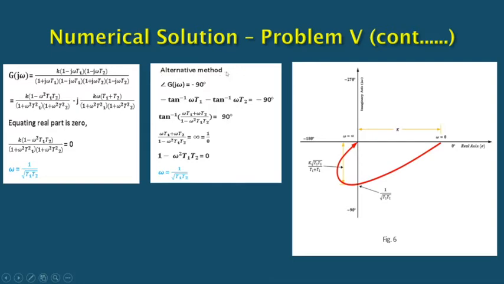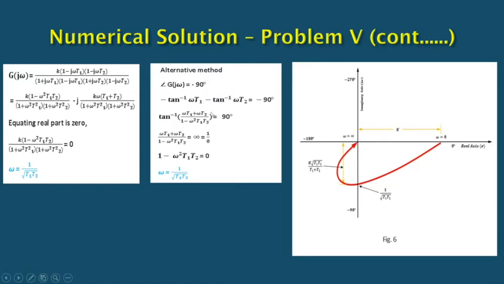Another alternative method is that at that point the phase angle is minus 90 degrees. So this is the phase angle equation. Theta equal to this value. If we write theta equal to minus 90 degrees, from this equation we know that tan inverse of (A plus B) divided by (1 minus A into B) is equal to 90 degrees. The minus signs are cancelled from both sides.